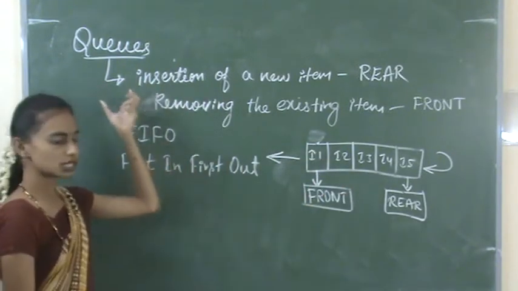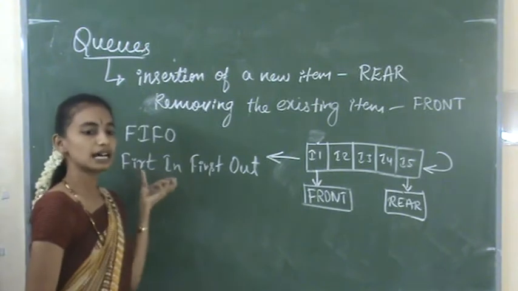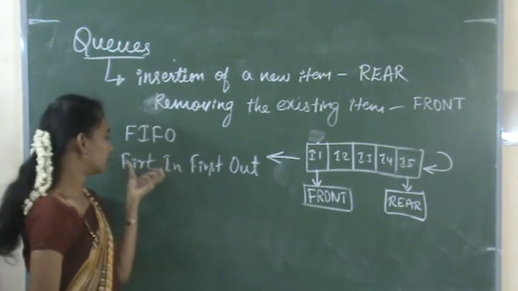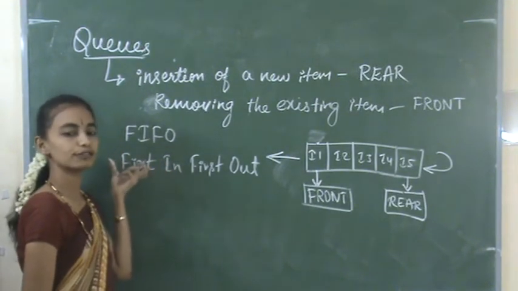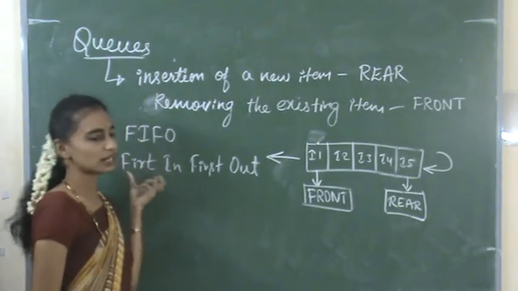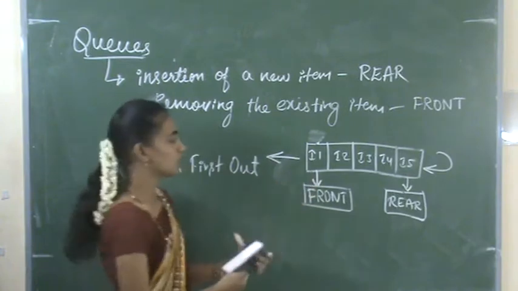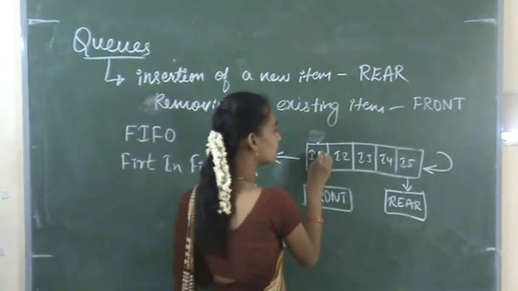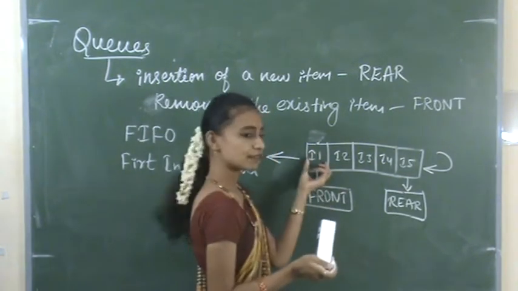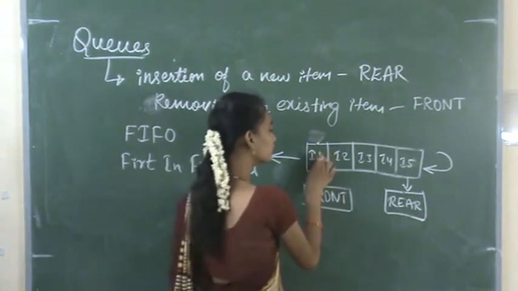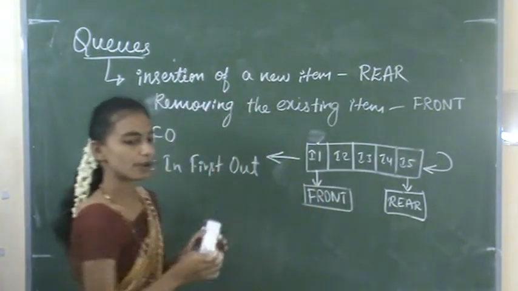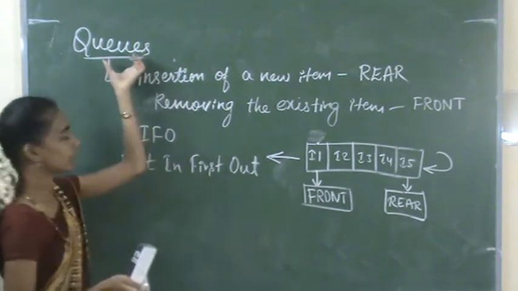But in queues, the first inserted element is removed first from the queue. If I insert item 1, it is the first element, so I have to remove this first element from the queue.